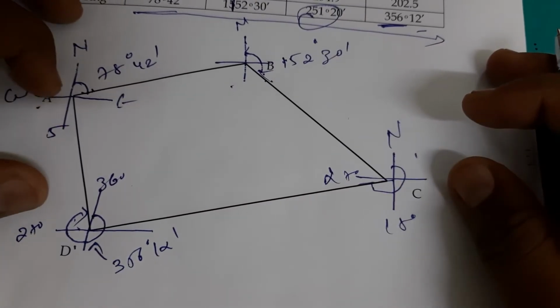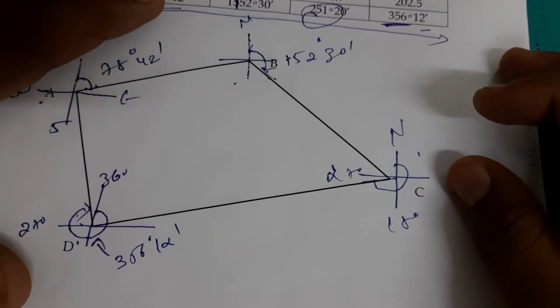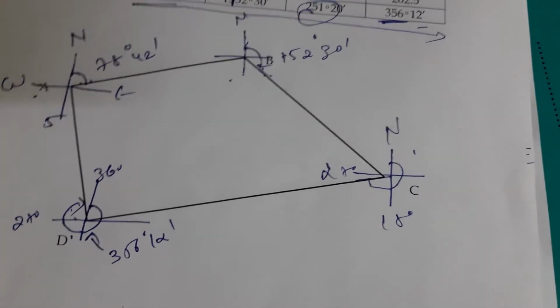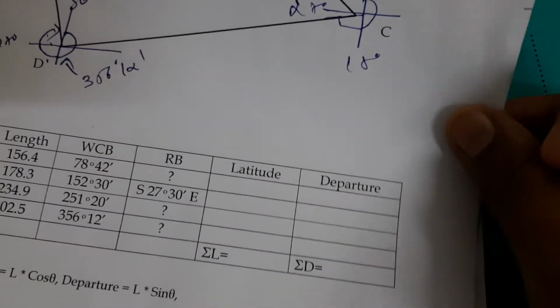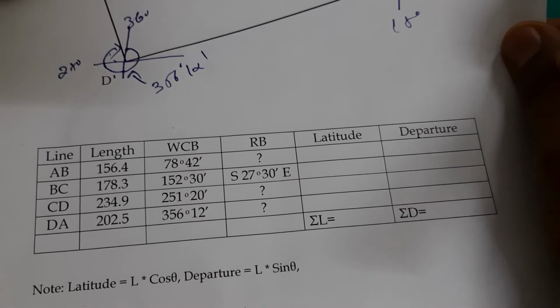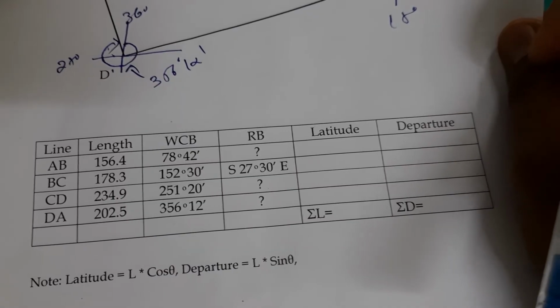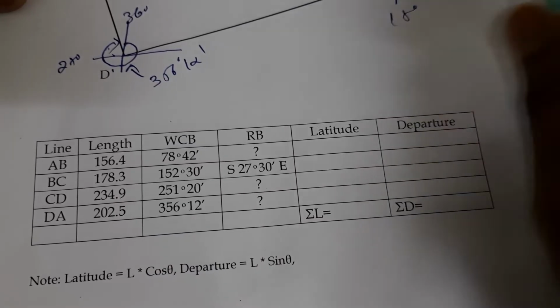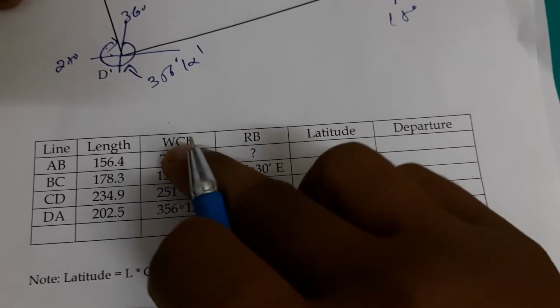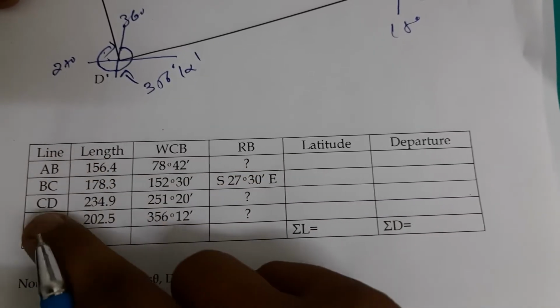Now we need to find the closing error using latitude and departure. Once more you need to draw a table for the data entry. Here you can see the length of line AB and the whole circle bearing, which are already given in the example data.